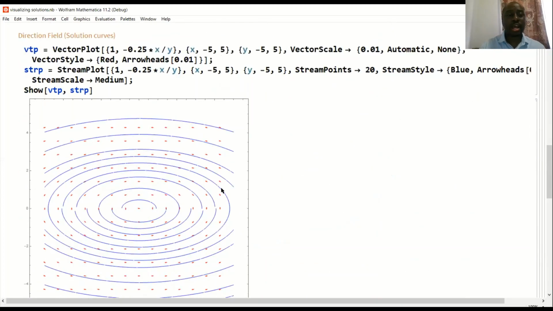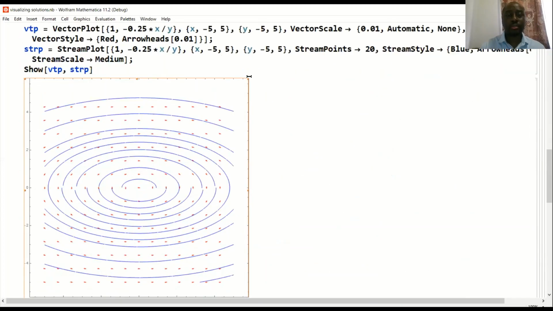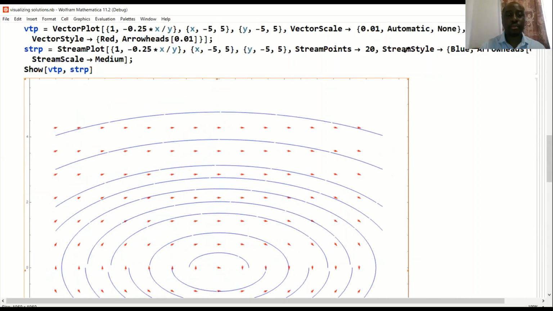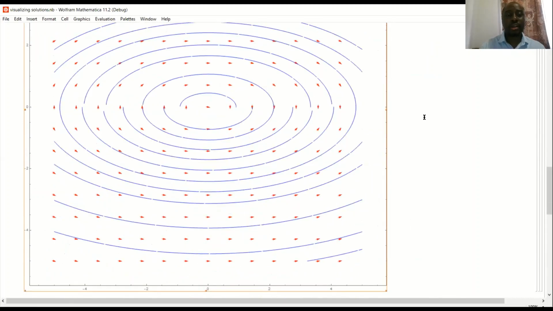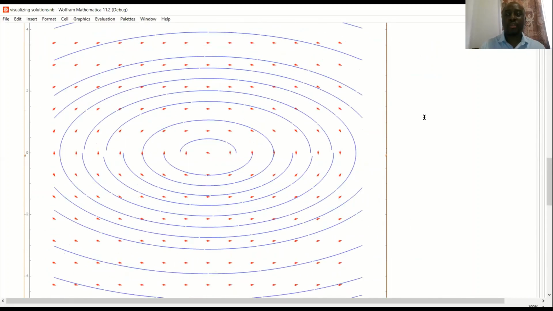Okay, and this is how my direction field looks. Notice that the direction field is showing me that if I change my coefficients, then I'm just going round and round different sizes of ellipses. So the entire family of solutions is a family of ellipses that I'm traversing as I change my coefficients.